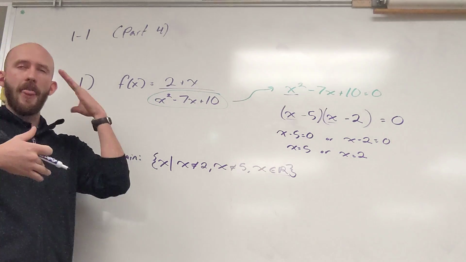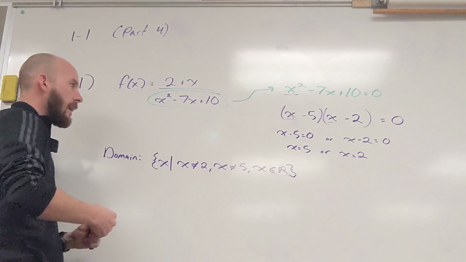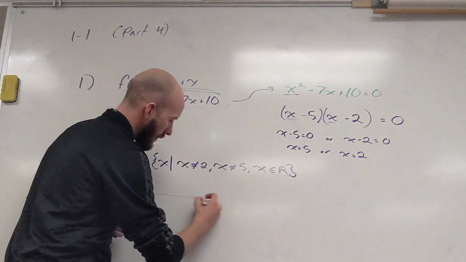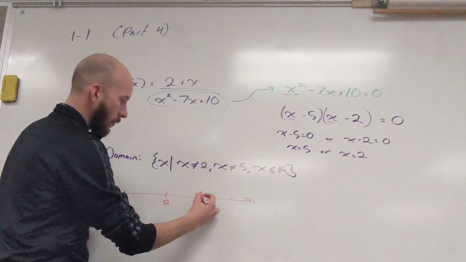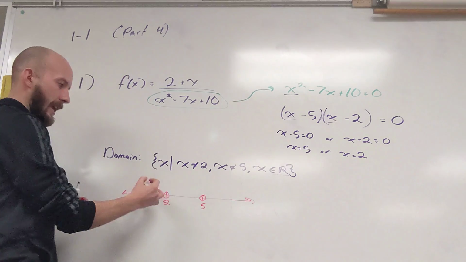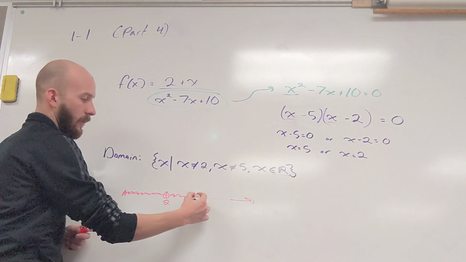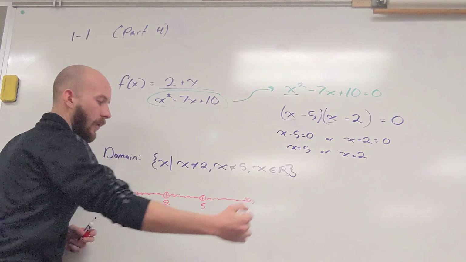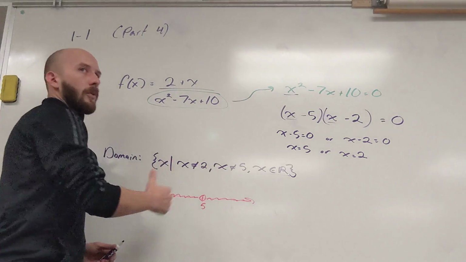Interval notation: think about what this would look like on a number line. You don't have to write this down, but my domain is all real numbers except for 2 and 5. So I can't have those two values, but I have all of this and all of this. If you notice, I have three separate intervals.